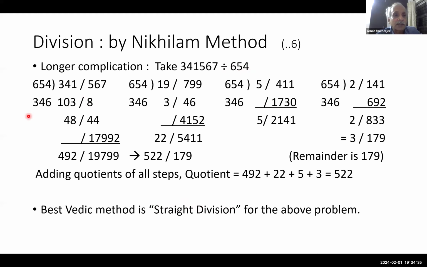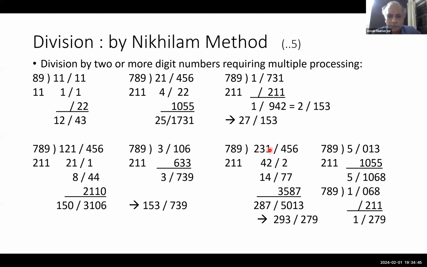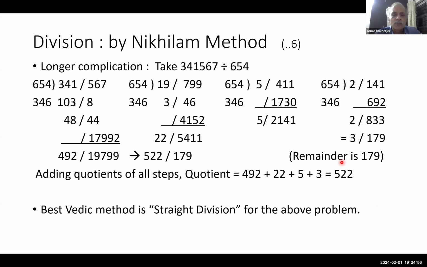It is actually 346. Therefore, everything will be bigger and bigger. Earlier we did with 3 steps; these are 2 steps, these were 3 steps. But here you see there will be 4 steps required. This procedure gives 492 and 19799.